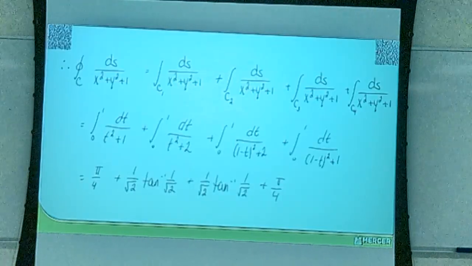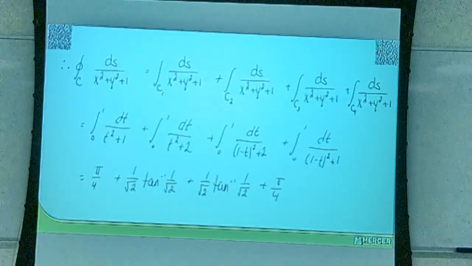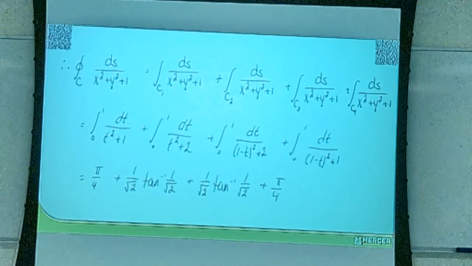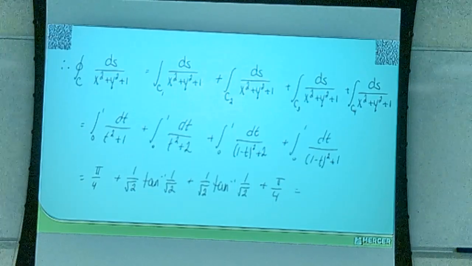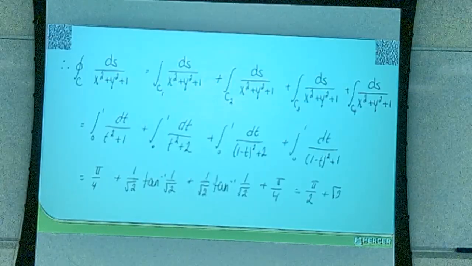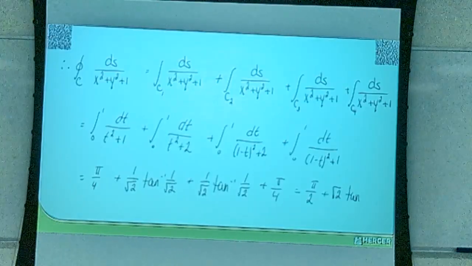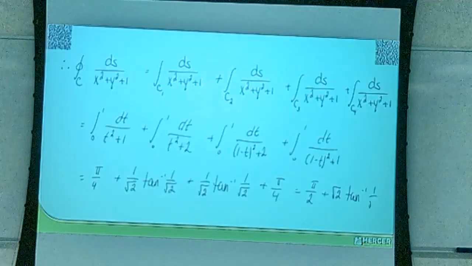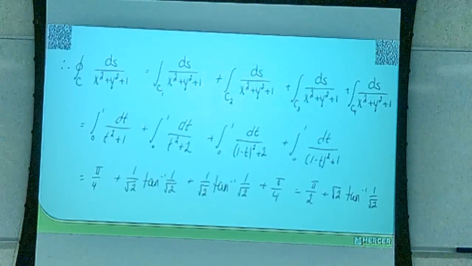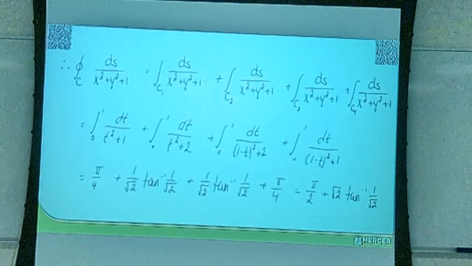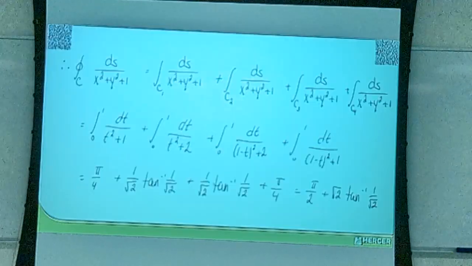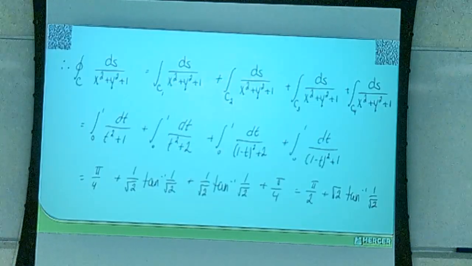Now we're left with these squared things. That's nice. Should that be pi squared? It's just a sum, it's not multiplication. Oh, yeah, never mind. Pi over 2 plus root 2 inverse tangent of 1 over root 2.